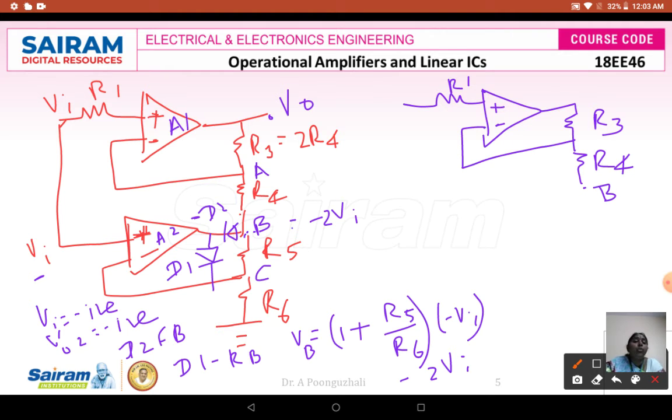Now the voltage at this B terminal is going to be minus 2 VI, and the voltage at this terminal is going to be minus VI. This is going to be your A terminal. So I have to find out what is going to be the output there.